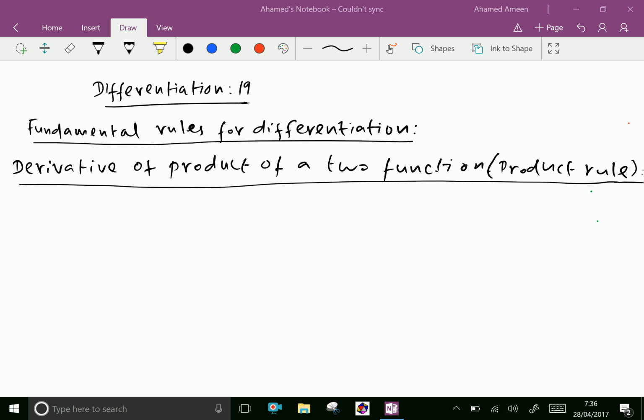Now we can see the derivative of the product of two functions, that is the product rule.